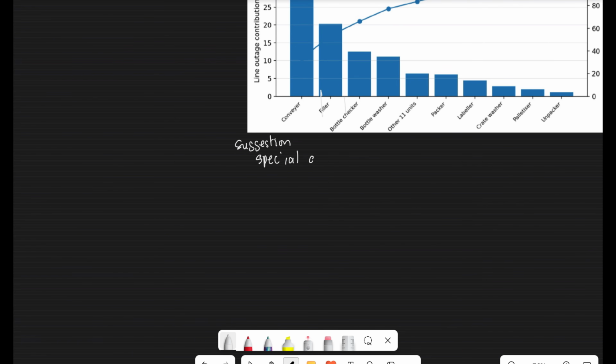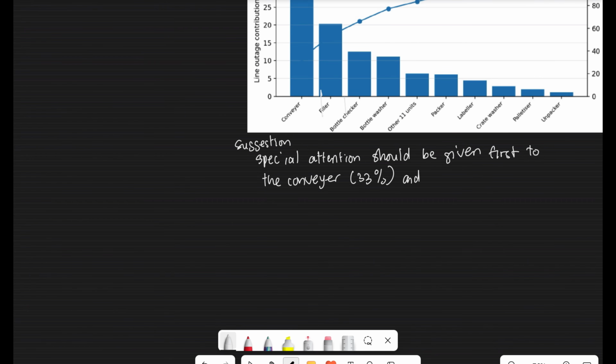Okay, so special attention should be given first to the conveyor, 33%, and filler, 20.3%.